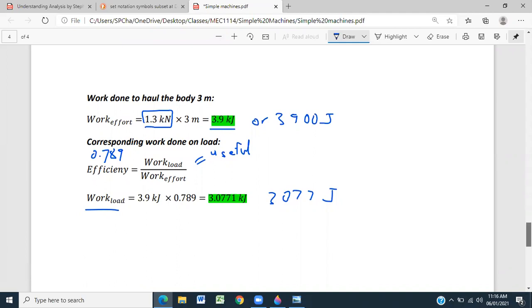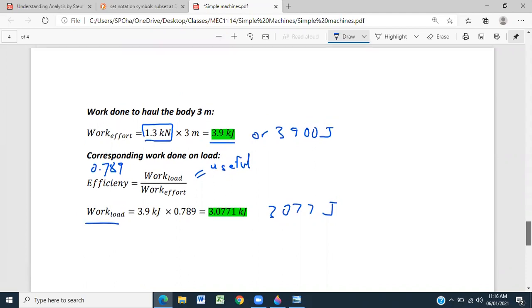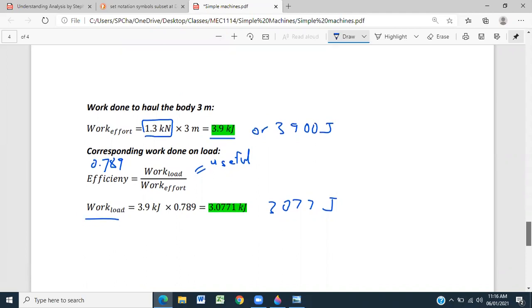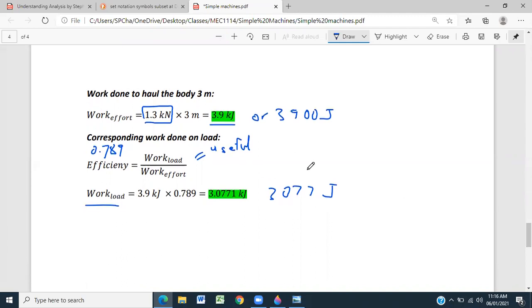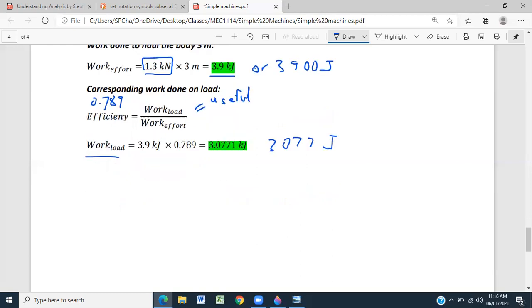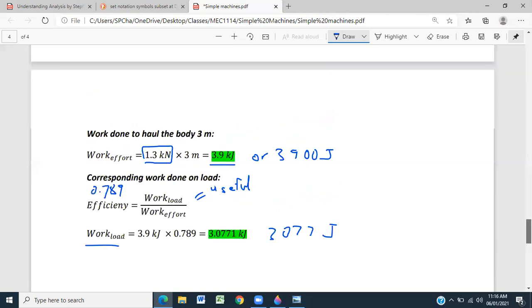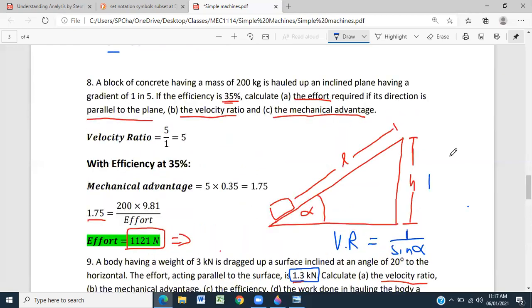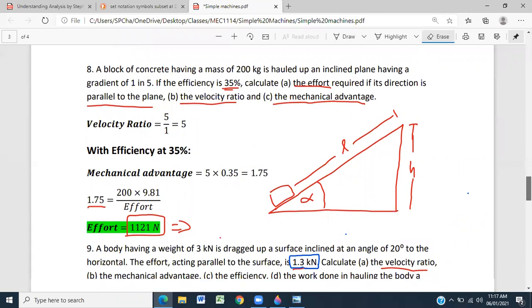Okay. Now, another way to work this is, since we already have the load. The load was given to us as 3 kilonewtons. So let's look back at our inclined plane. The load was given to us as 3 kilonewtons, here, 3 kilonewtons.